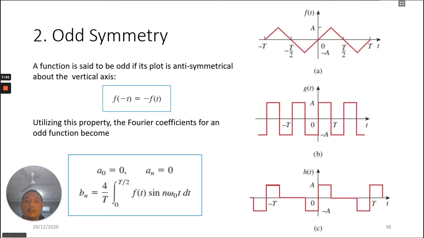The same thing for odd: instead of 2 over T from the original equation of bn, now you will use 4 over T, integration of f(t) from 0 to T over 2. So for this example, f(t) is this straight line and this straight line, so you don't have to consider the other straight line.